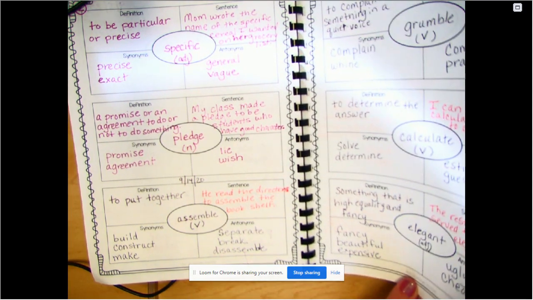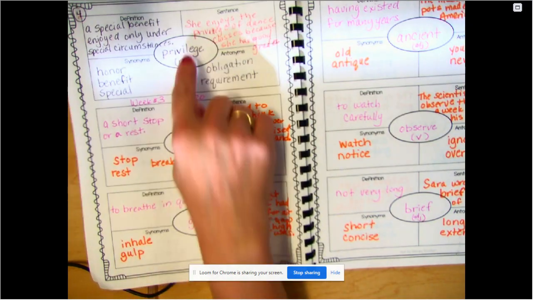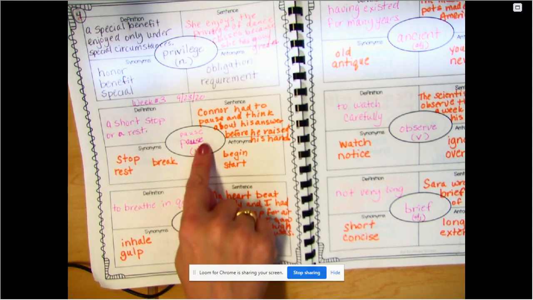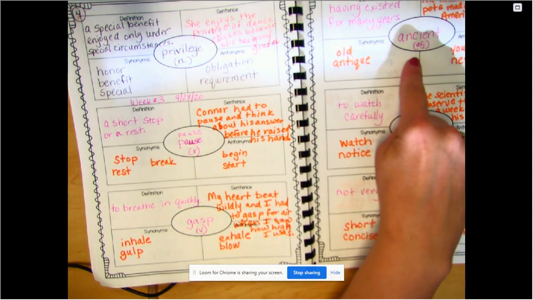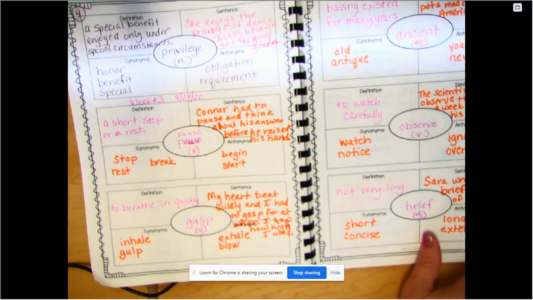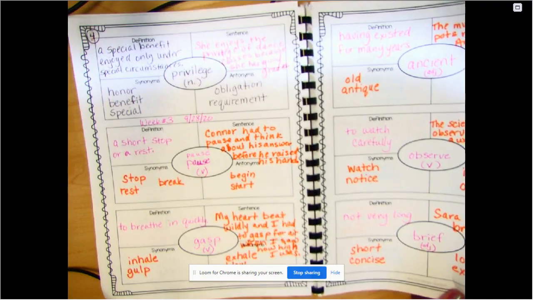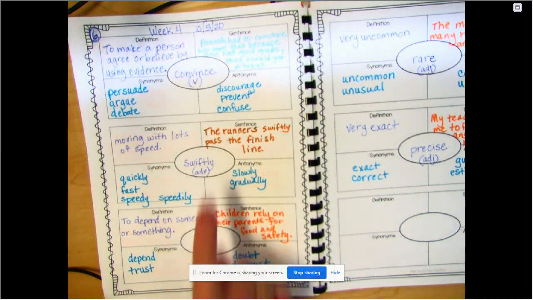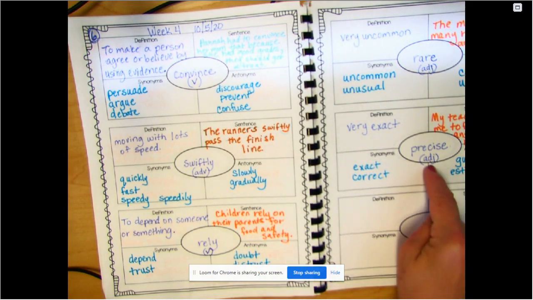Oh, I think we're short one. 1, 2, 3, 4. Privilege. And then we have pause, gasp, ancient, observe, brief. And then this week, convince, swiftly, rely, rare, and precise.